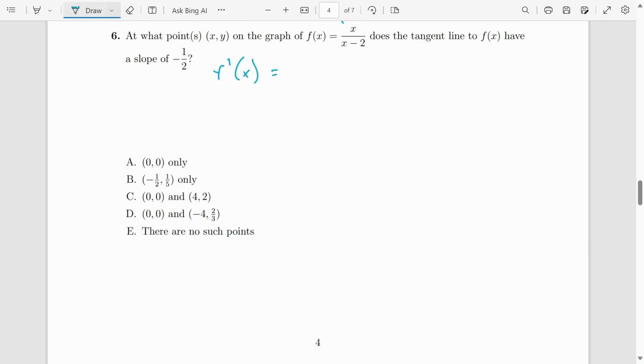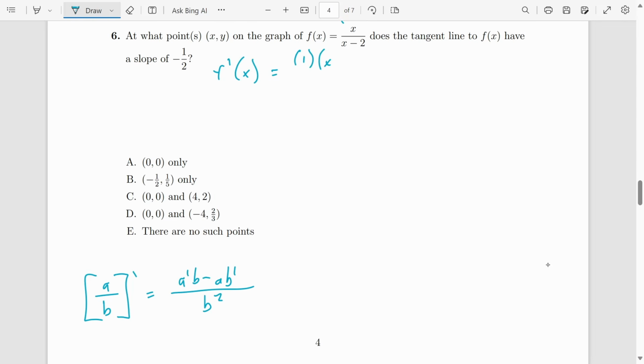All right, we have to do the quotient rule here since we have a fraction, a quotient. So again, if you have something in the form of a over b, you want to take the derivative of it. That equals a prime b minus a b prime all over b squared. So in this case, a is x and b is x minus 2. Fitting those into the template, a prime is the derivative of x, which is just 1.